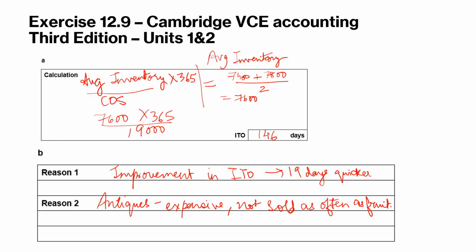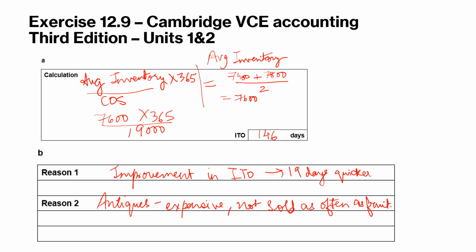Like I said before, for average inventory, we have the information given in the question: the inventory at the end and at the beginning. Average inventory is the inventory at the start and at the end divided by 2, so you get 7,600 here.